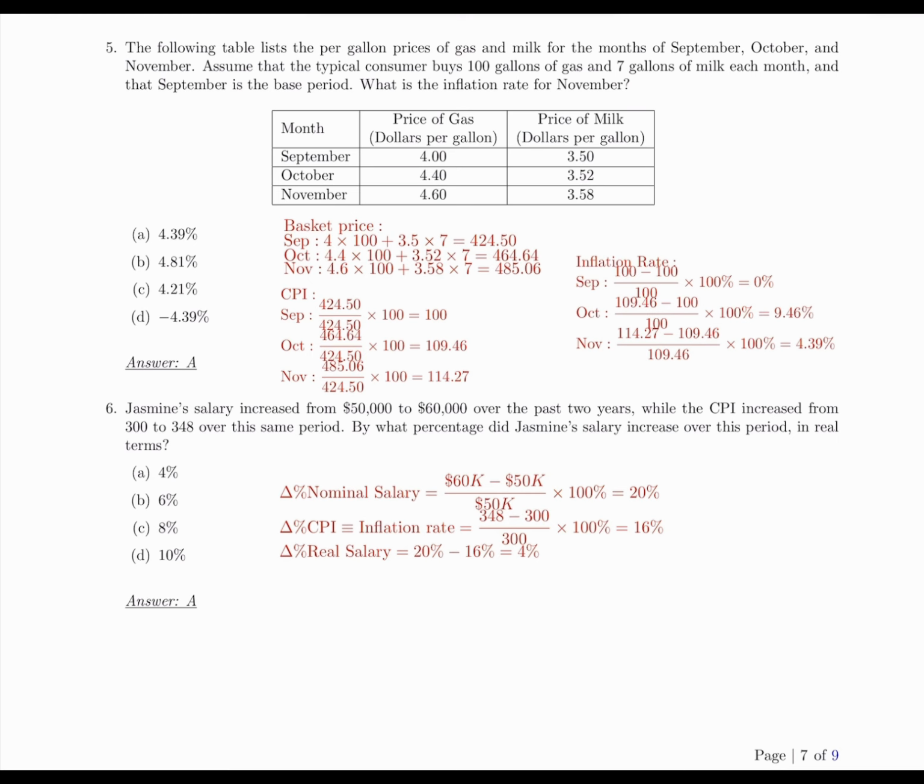You do this by taking her salary in the ending year, subtracting her salary in the beginning year, dividing by the salary in the beginning year, and then multiplying by 100% to get the percentage change. Next, calculate the inflation rate, which is the percentage change of the CPI. Finally, to determine the percentage change in Jasmine's real salary, subtract the inflation rate from the percentage change in her nominal salary.